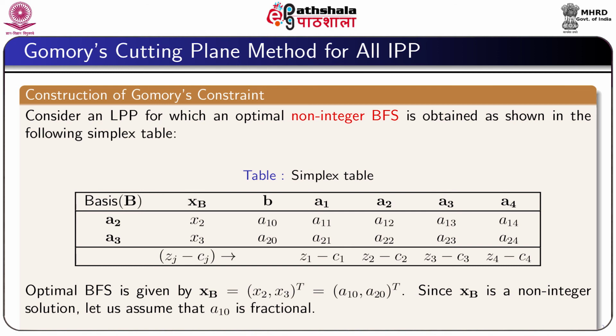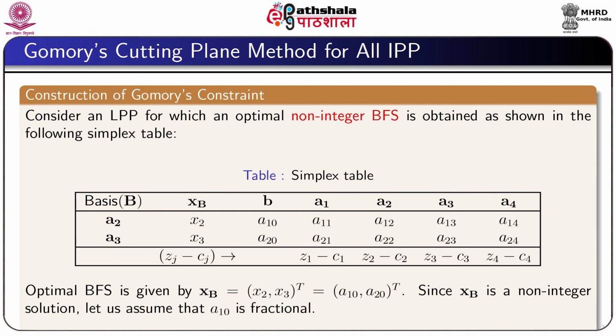We have variables x2 and x3 as the basic variables, and the components of the B requirement vector are A10 and A20. Since this table shows the non-integer basic feasible solution, obviously A10 or A20 or both are non-integers.